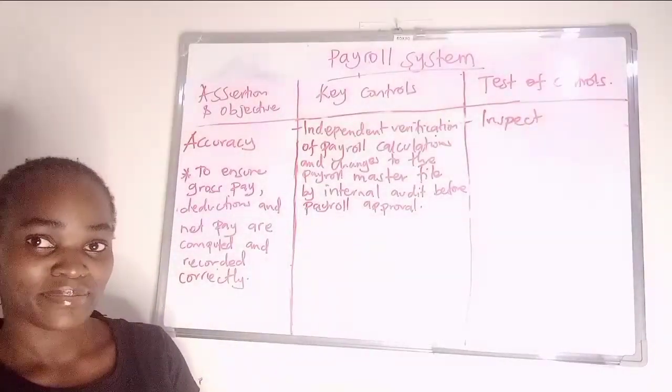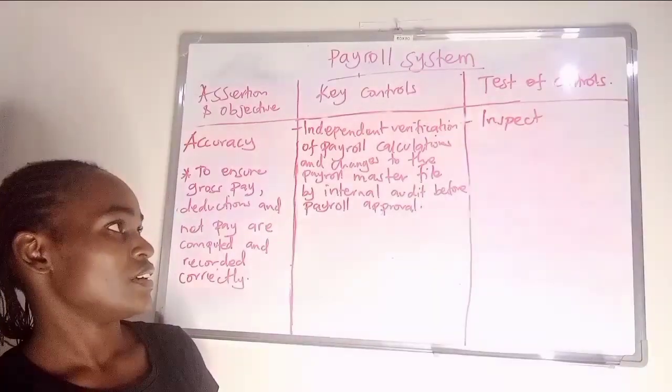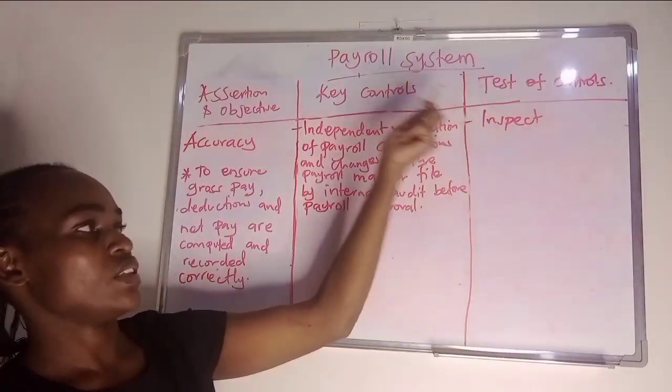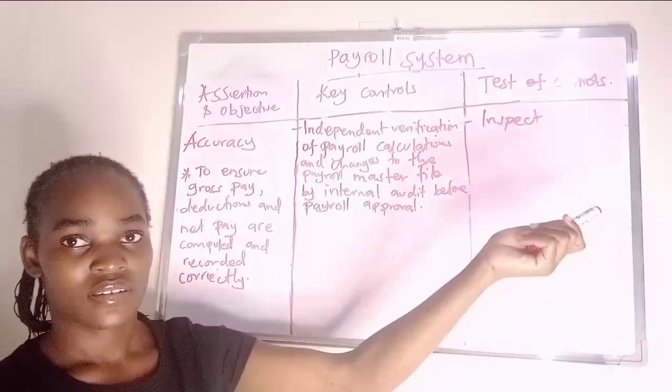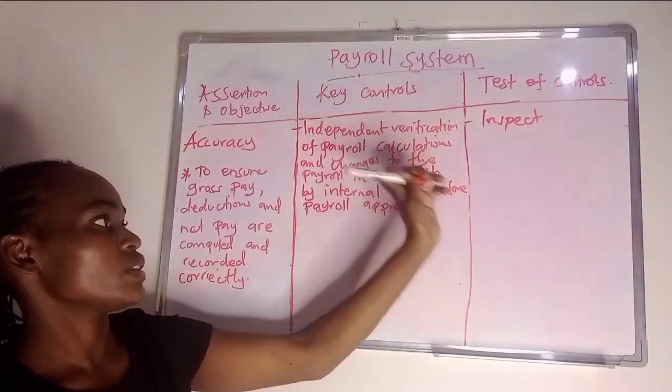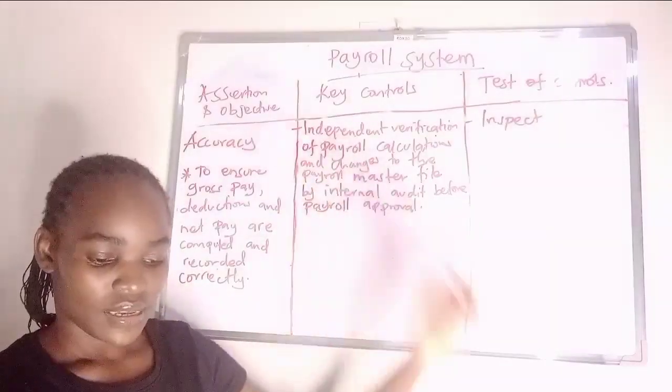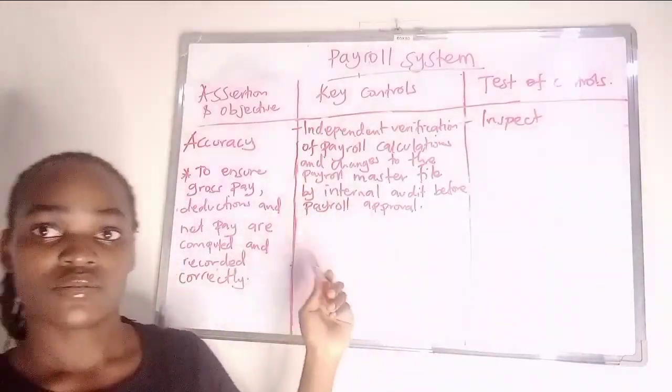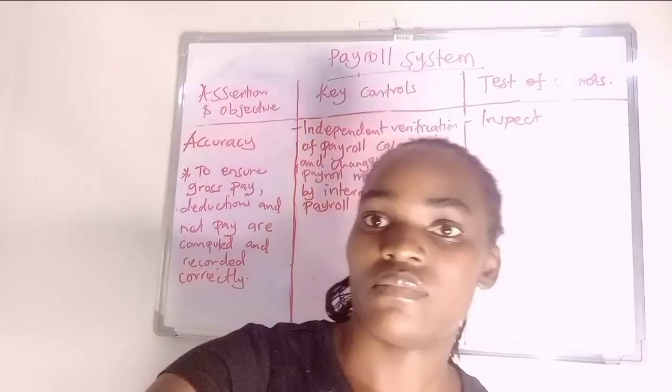So that test of control is done. The audit is just supposed to make sure that this is working properly. So inspect whether there is independent verification of payroll calculations. Stuff like that. So another control that can be put in place here.